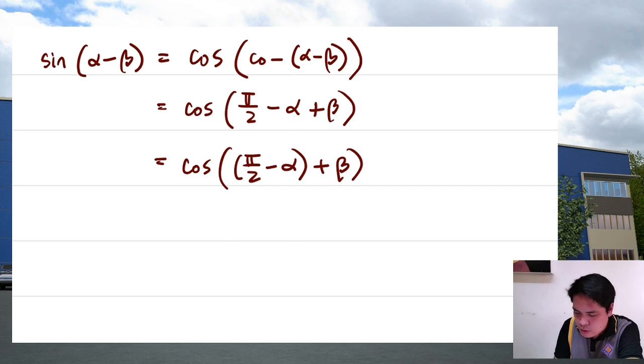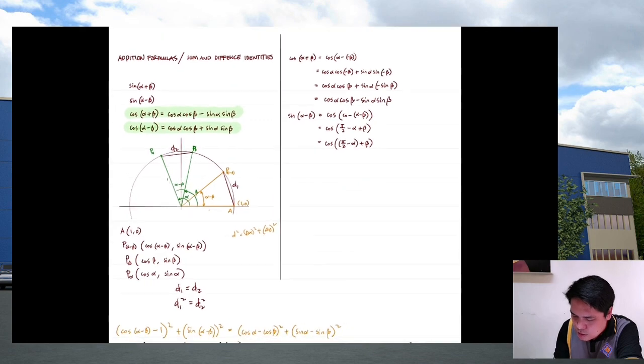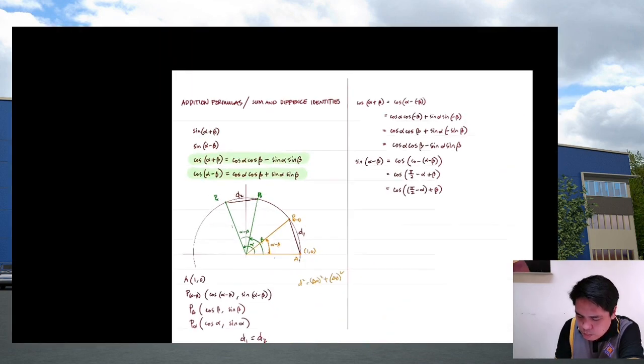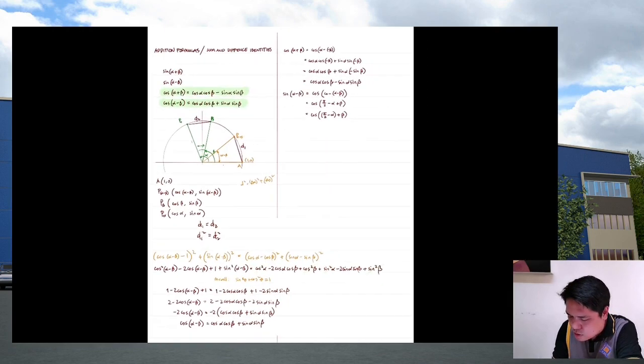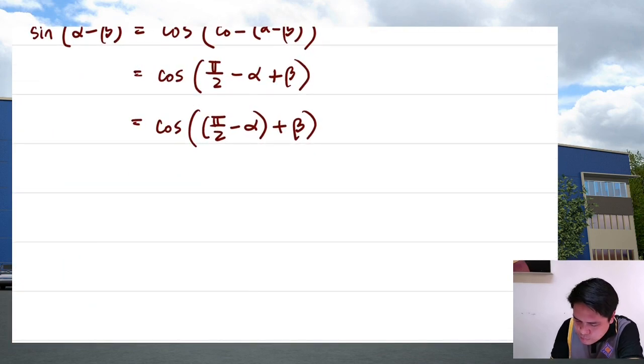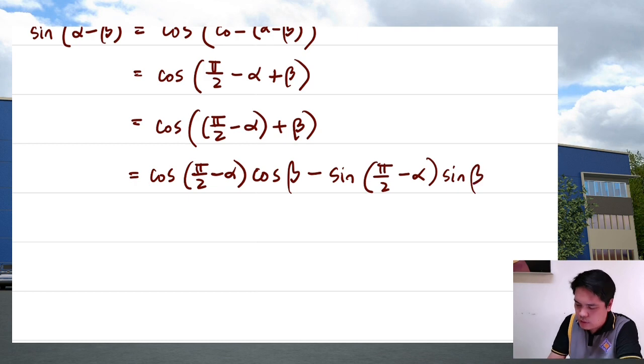Okay? Now, eto instead, ang gagamitin natin dito is sa addition na. Eto na, cosine alpha plus beta na pattern, which is just cos cos minus sin sin. Okay? So, that would be cosine of pi over 2 minus alpha, cosine beta, then minus sine of pi over 2 minus alpha, then sine beta.